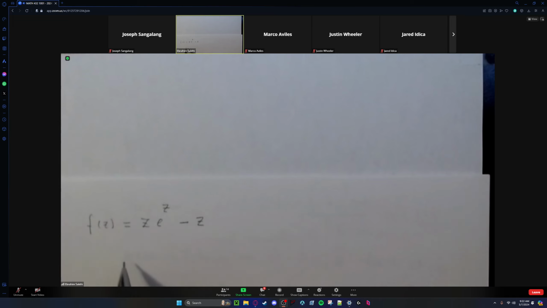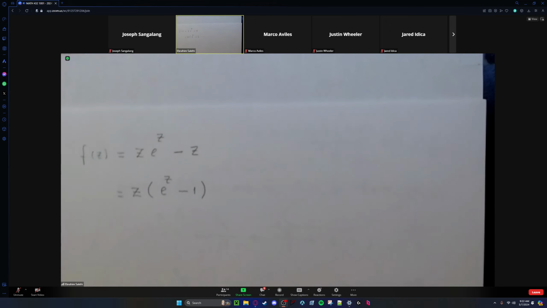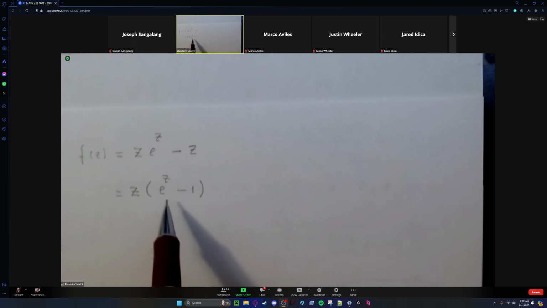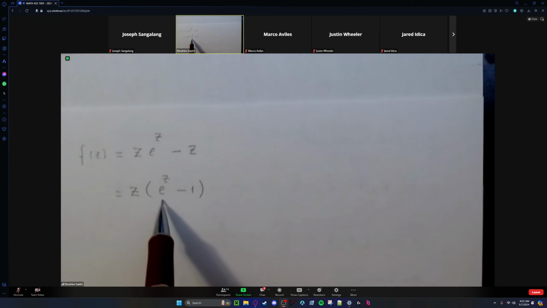If you factor z, you get e to the z minus 1. What are the zeros of this function? Either this has to be 0 or this parenthesis has to be 0.